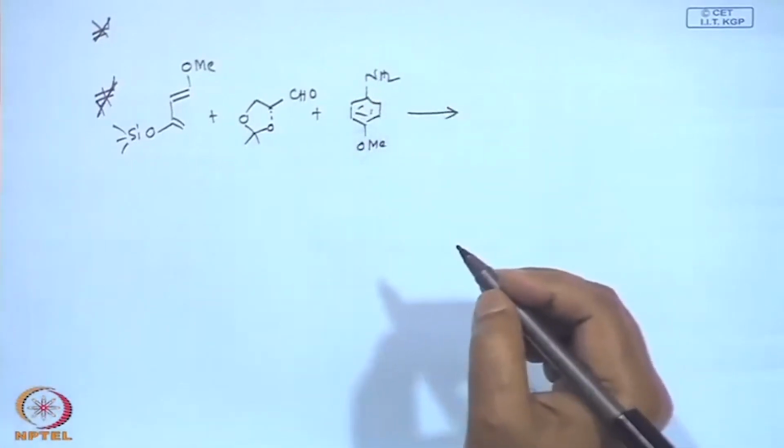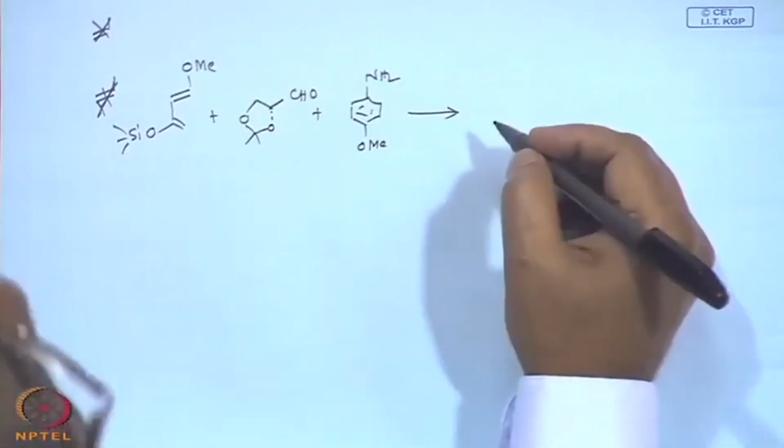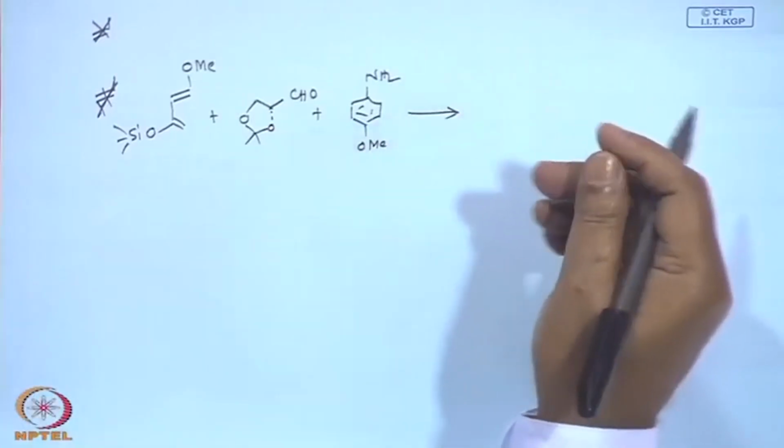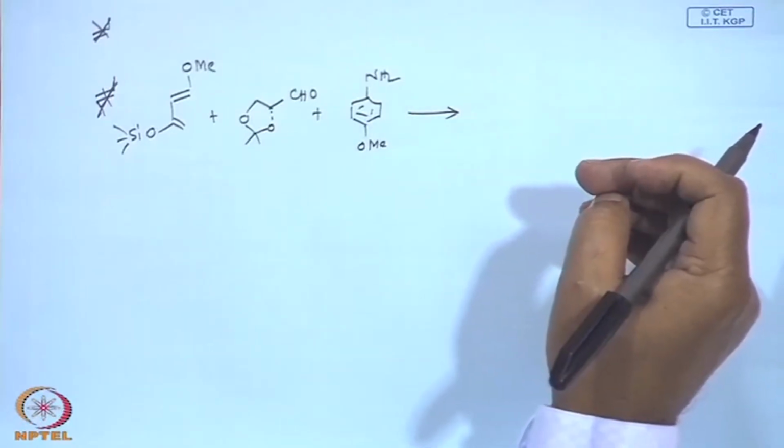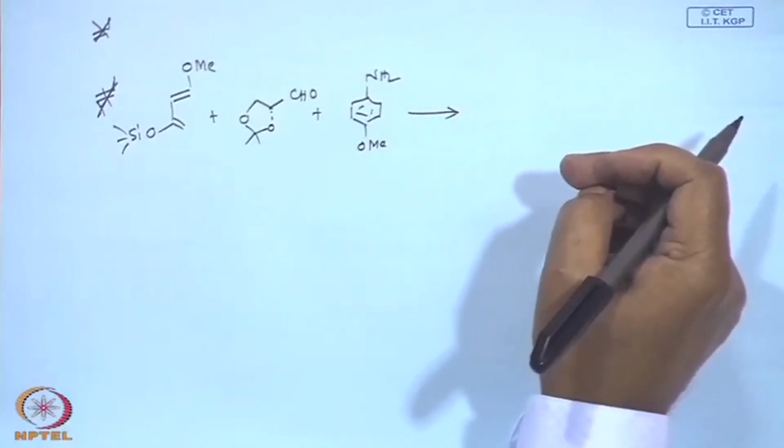I got surprised to see that such a simple reaction was published in only 2002, not long ago, in Organic Letters. The Danishefsky diene has been known since 1978. That was the first publication. The example I showed you before is apparently workable, right? That was also known, but this reaction was not known.